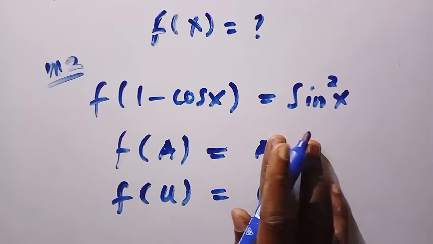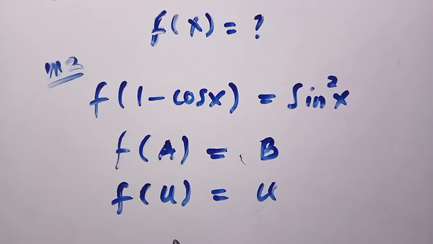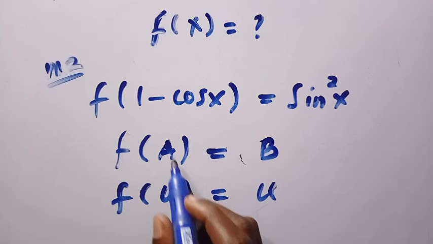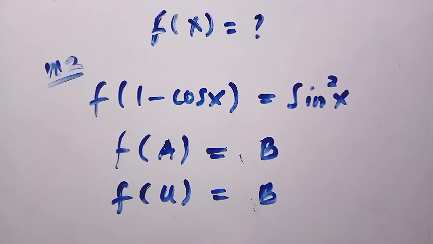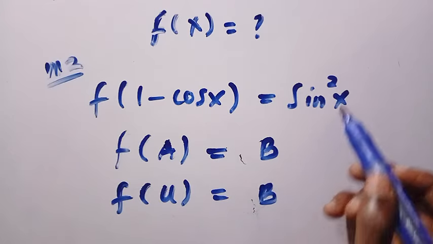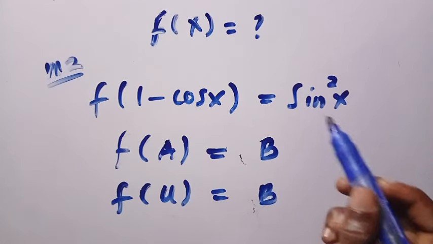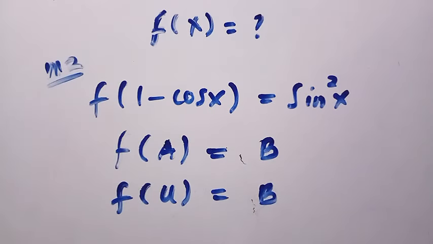Unlike if we have f of a here and we have b here, this one can never change. If I change this one to u, this one still remains b. So I want to manipulate this in such a way that on this side we also have 1 minus cos x.